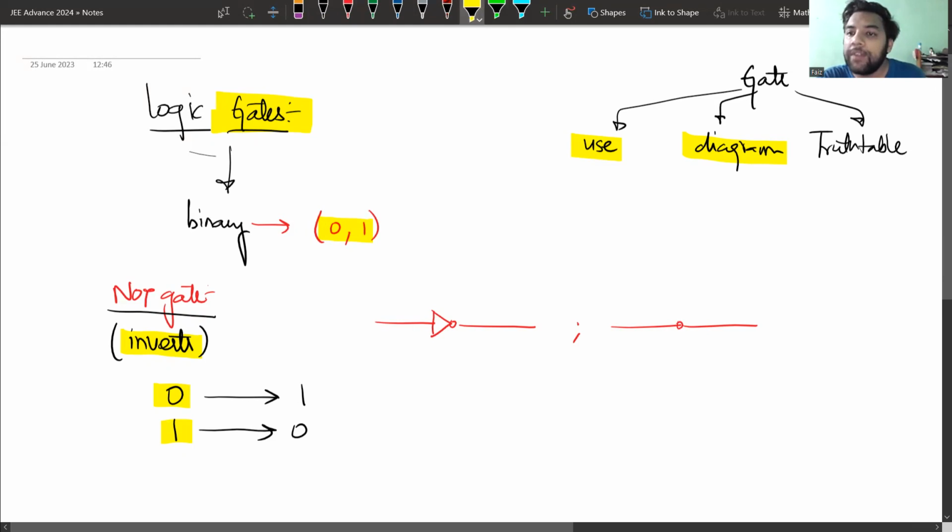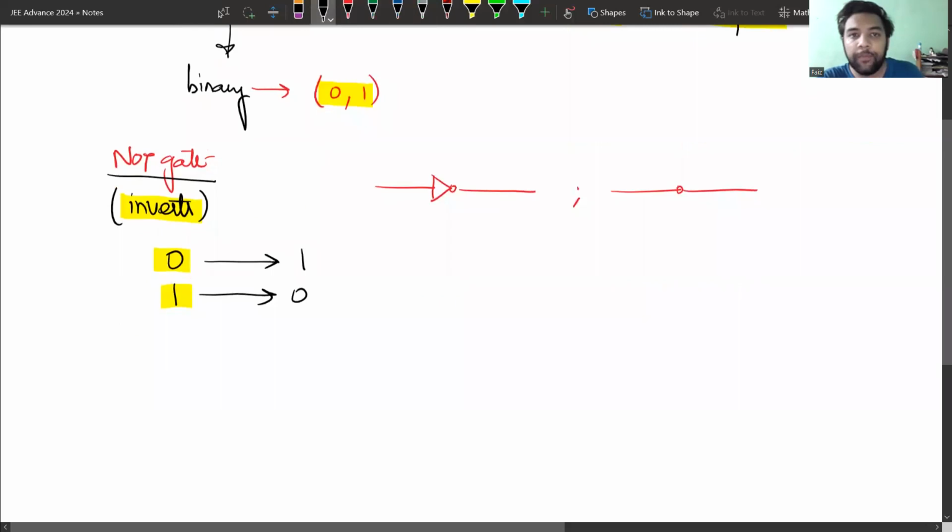Now, what is a truth table? A truth table is a table in which we list the inputs and outputs. How many inputs can you see in this table? I can see only one input, and only one output, right?